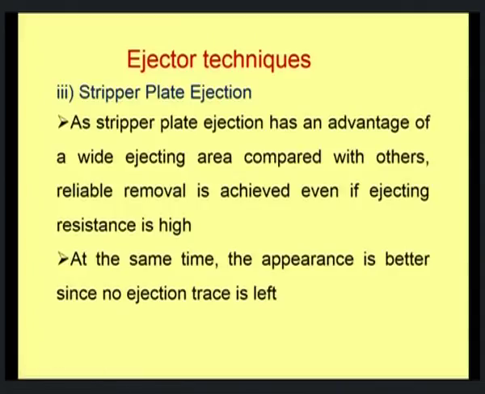Therefore, in such cases one should go for a stripper plate ejection. At the same time, the appearance is better since no ejection trace is left. In the pin type ejection, the contour would sometimes get transferred onto the product. So, that trace would be there, but in the stripper plate no such ejection trace would be there.